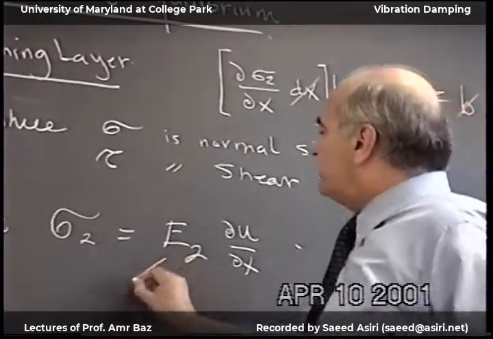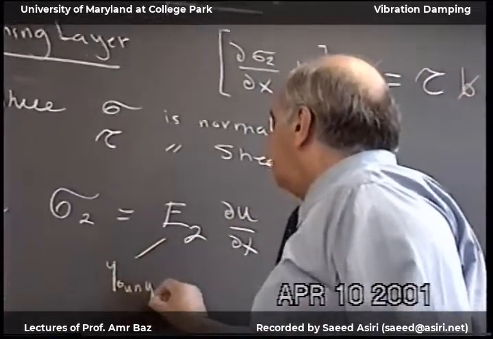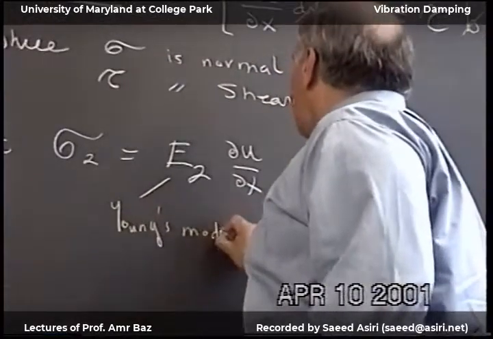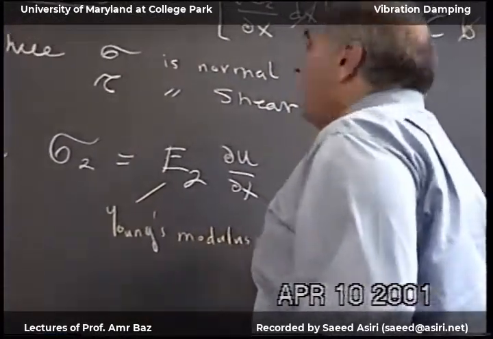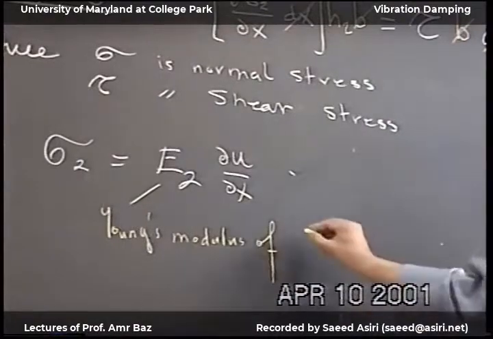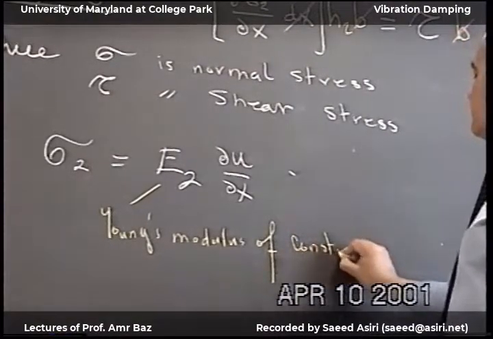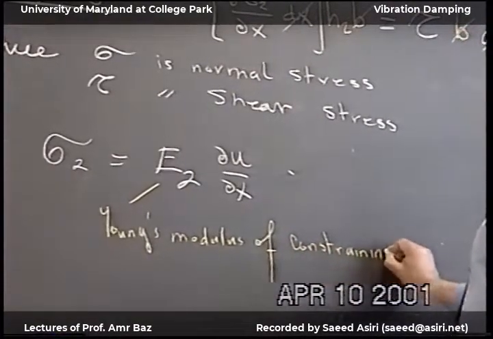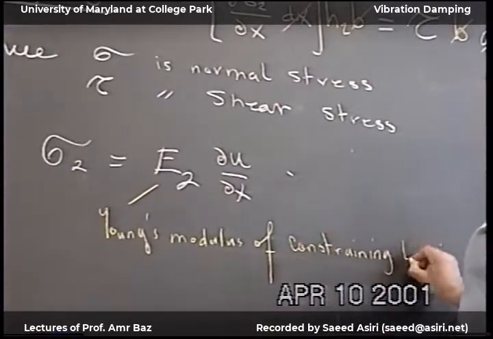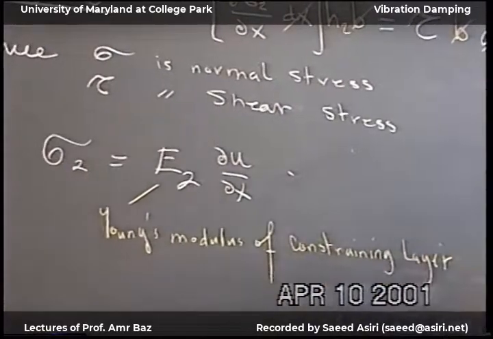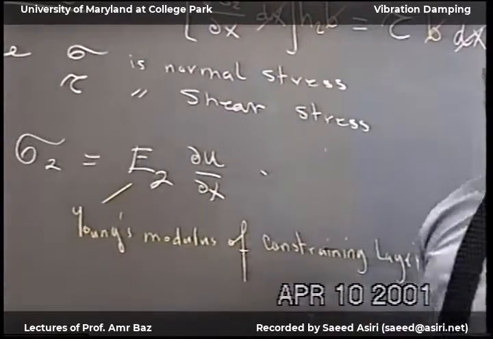So this is Young's modulus of the top constraining layer. And this is the strain of the top layer.